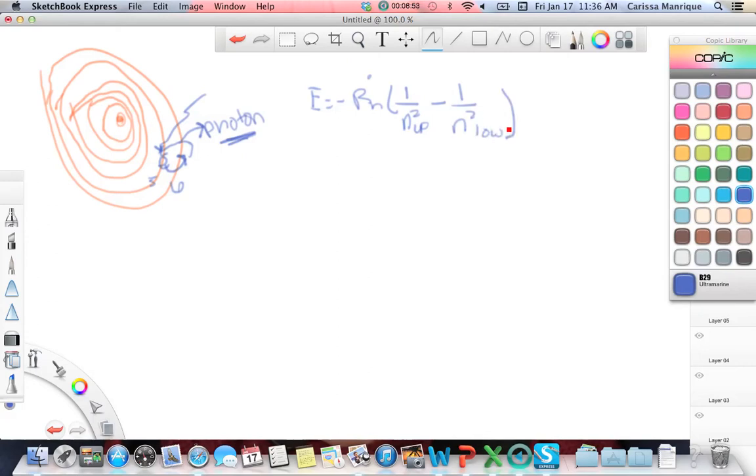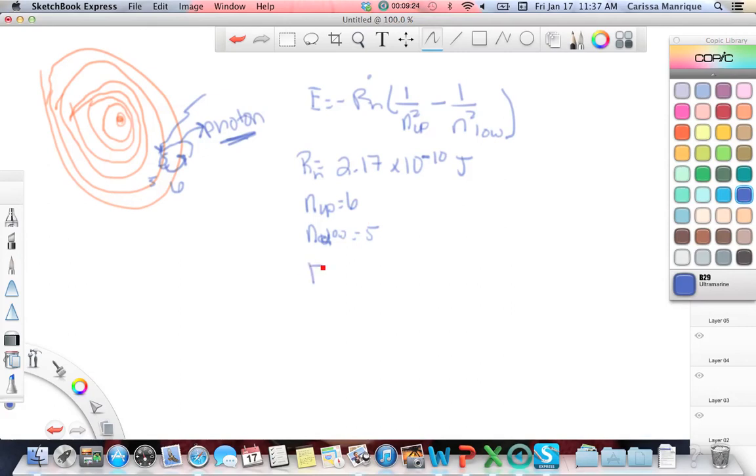Okay, so let's plug our numbers in. RH is, let's see, I just had that, 2.17 times 10 to the negative 18 joules. Okay, our n of the upper level is 6, and our lower level is 5, because we're just looking at 5 and 6, so this is the lower number.